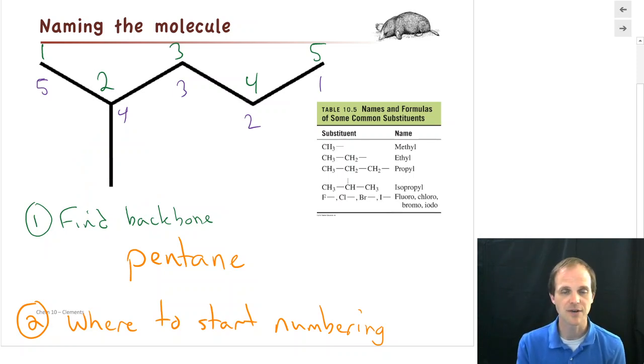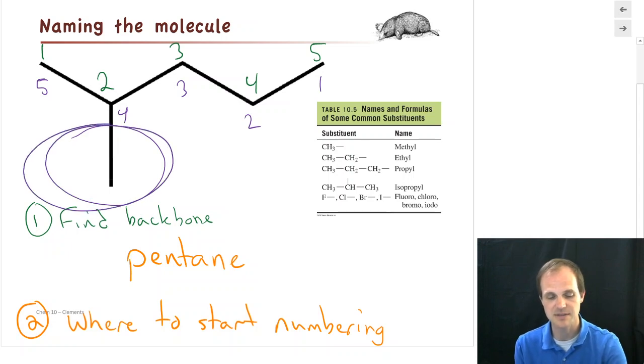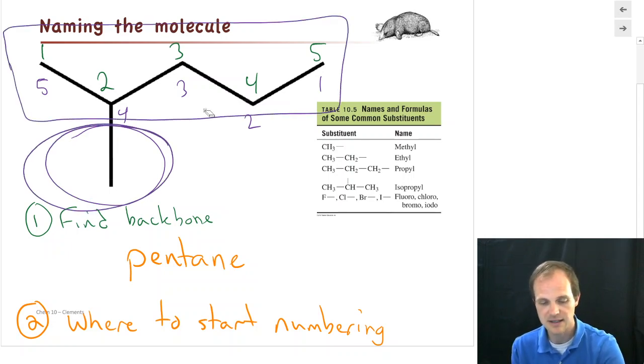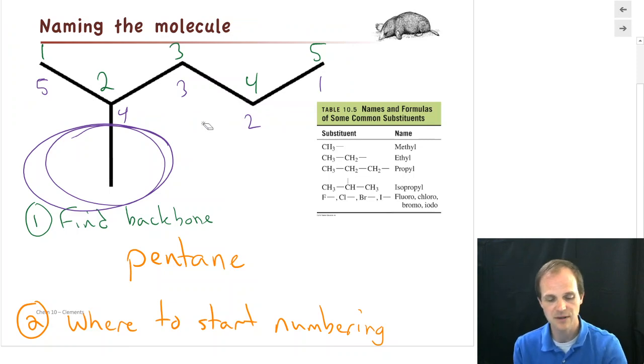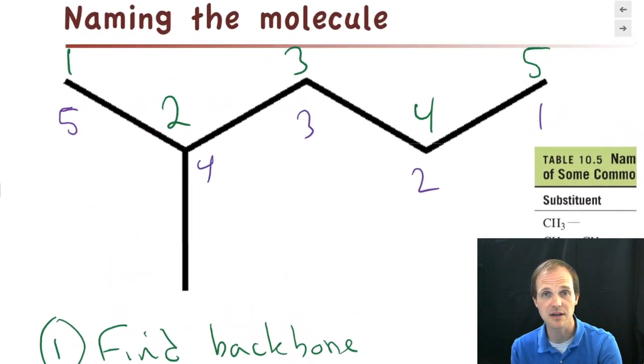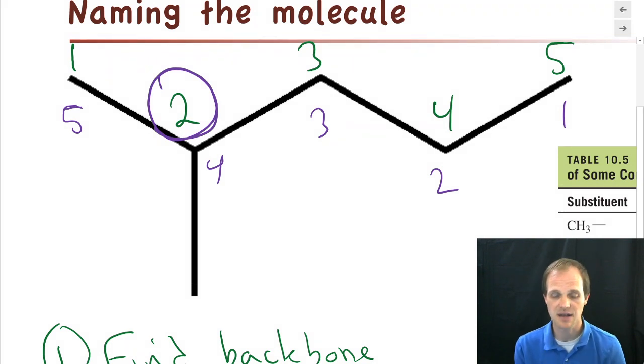Well, it turns out our rule is we want the first substituent. And what's a substituent? Something sticking off of the main chain. This is a substituent because we drew our main chain as this guy, and he is sticking off of that one. We want our first substituent to have the lowest possible number. If I use my green numbers up here, my first substituent is going to be this guy, and he's going to be on number 2.